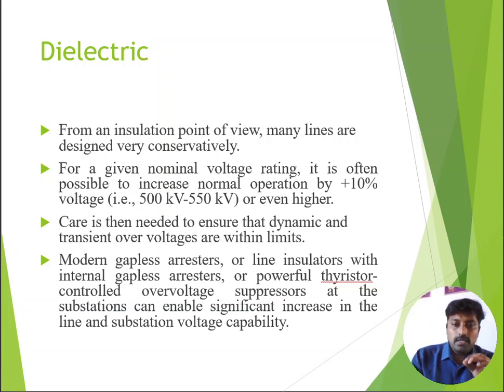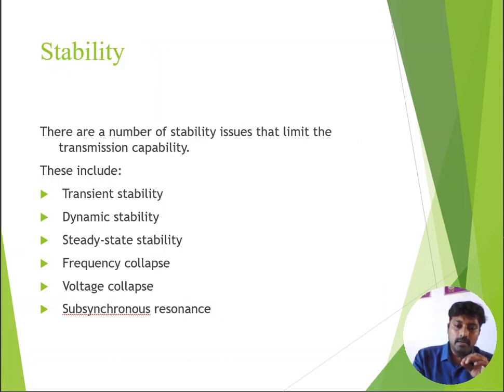Coming to the third constraint, which is stability. There are a number of stability issues that limit the transmission capability. These we already know in power systems: steady state stability, dynamic stability, and transient stability.